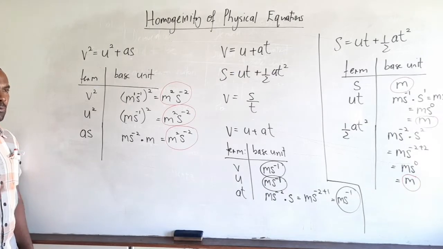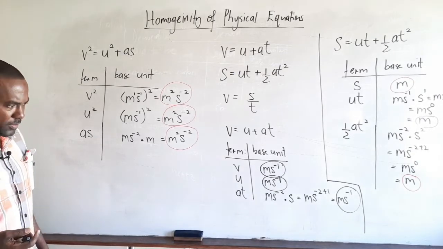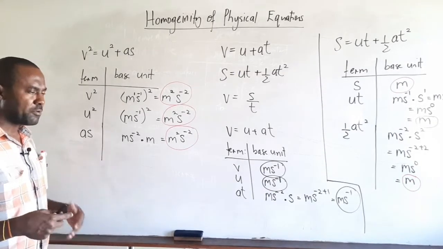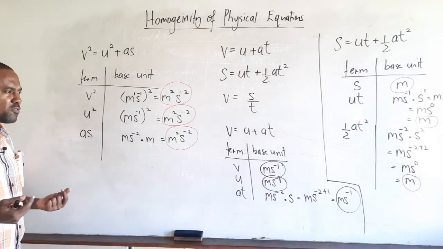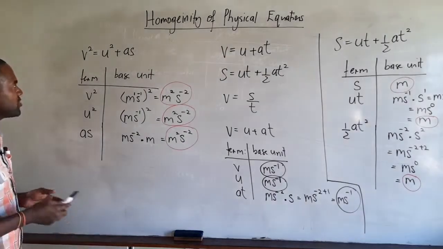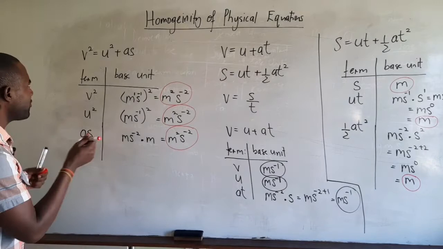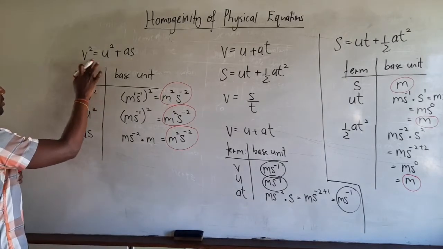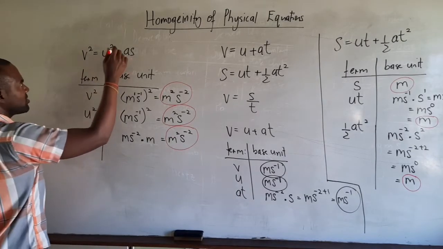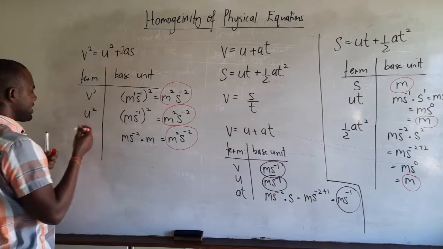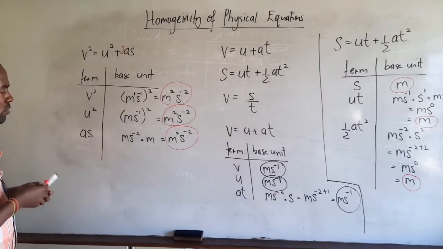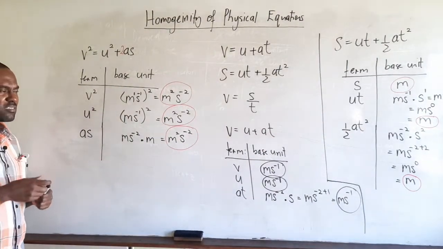But is the equation correct? Now, earlier we said that we should pretend like we've never seen the equation before. But of course, we know what the equation is supposed to be. The correct form of the equation is v squared equals u squared plus 2as.